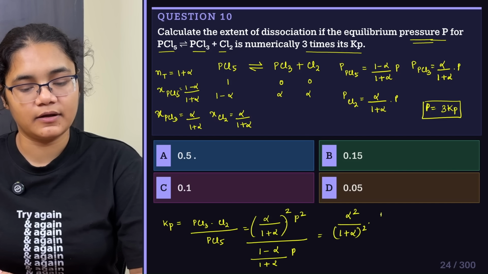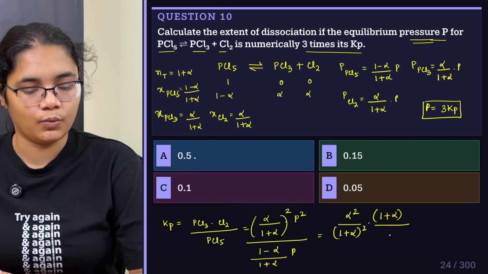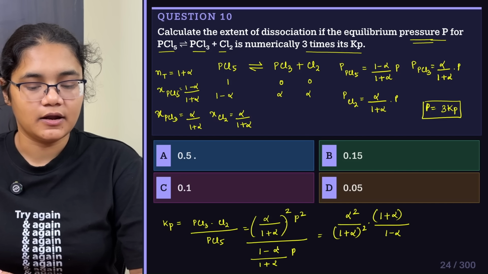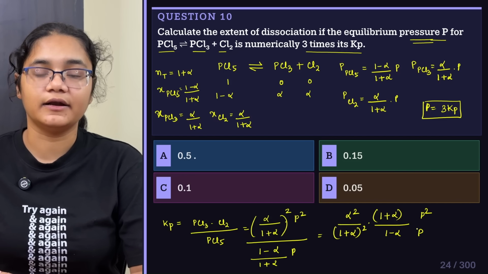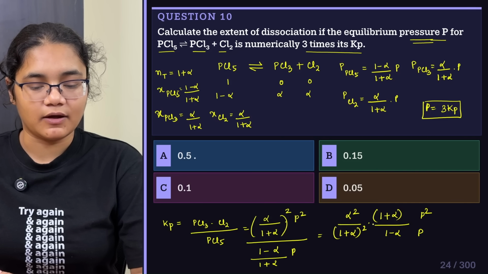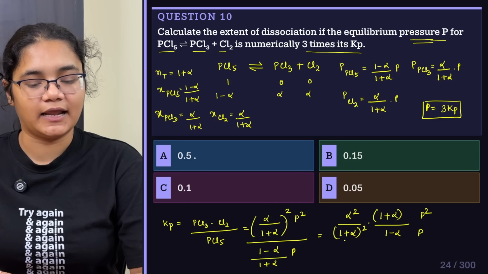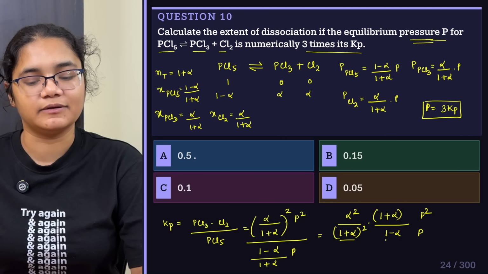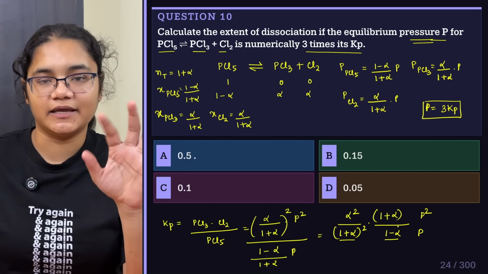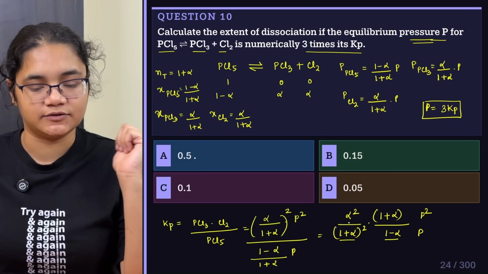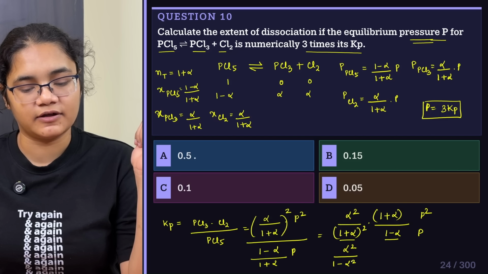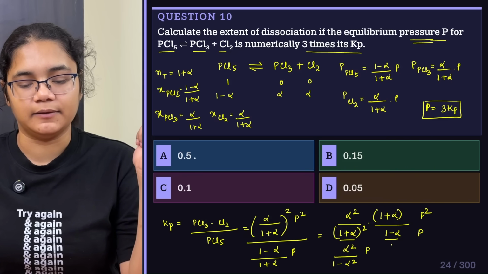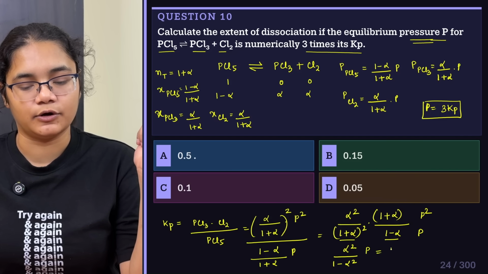Then I will have (1 plus alpha) and (1 minus alpha). This one will have P square and we have P in the denominator. Now (1 plus alpha) will get cancelled, and in the remaining part we will have (1 plus alpha) and (1 minus alpha). (a plus b)(a minus b) is equal to a square minus b square. So I have alpha square by (1 minus alpha square), and here I have P. So Kp is equal to alpha square P by (1 minus alpha square).